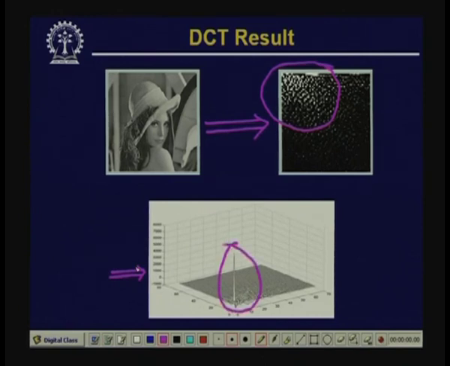So, in this particular case, the energy is concentrated in a small region in the coefficient space near the 0, 0 coefficients. This is a very important property of the discrete cosine transformation, which is called the energy compaction property.